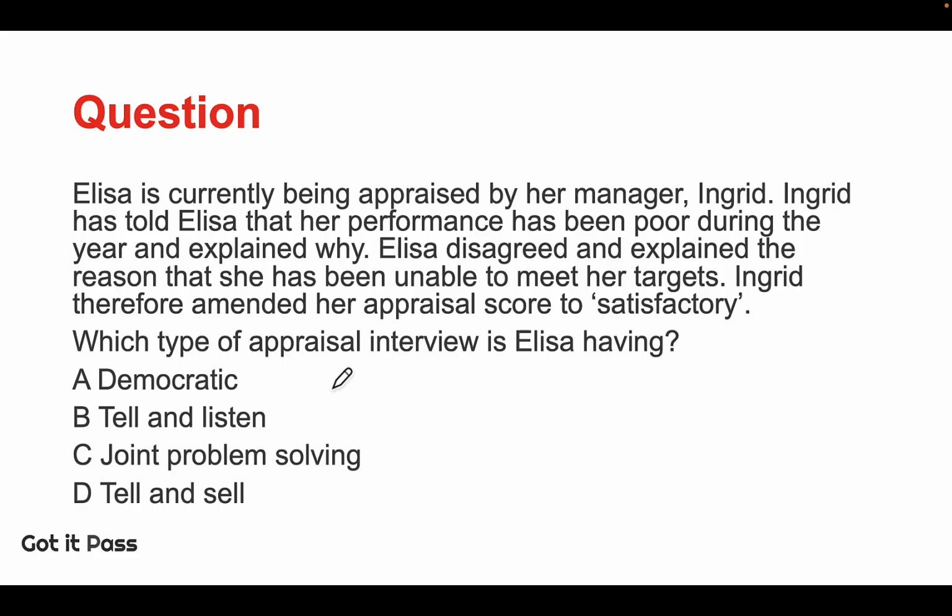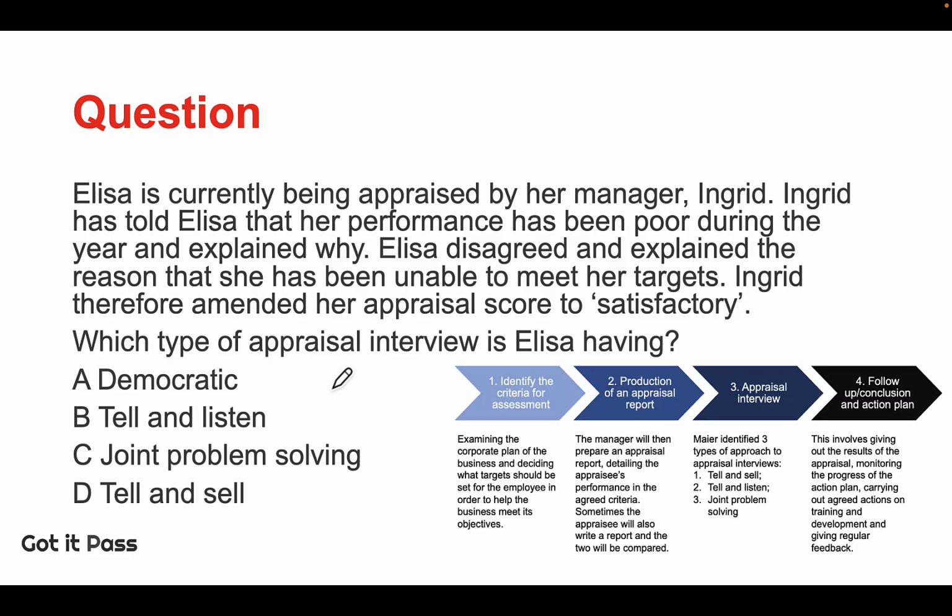The manager thinks okay, and amends her appraisal score to satisfactory. Under our discussion on the appraisal interview approach, what type of approach is Eliza having? Democratic, tell and listen, joint problem solving, or tell and sell? If you remember what we discussed about the appraisal interview before, then you can answer this question.